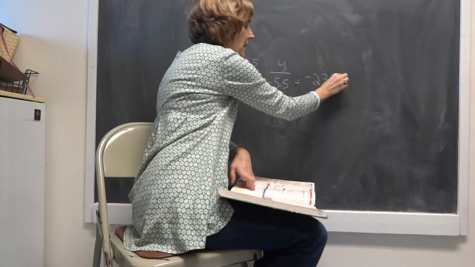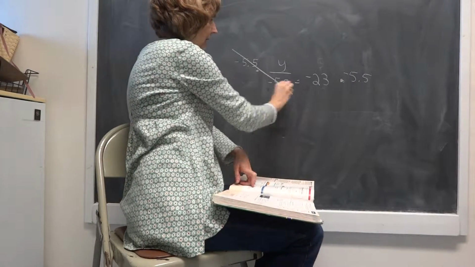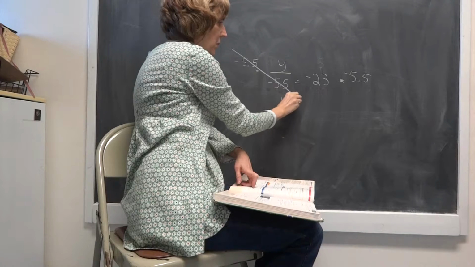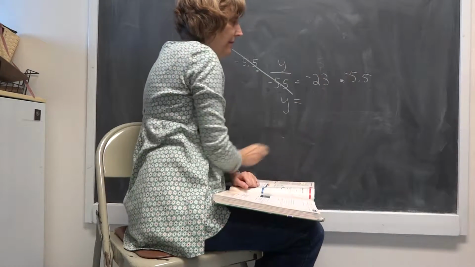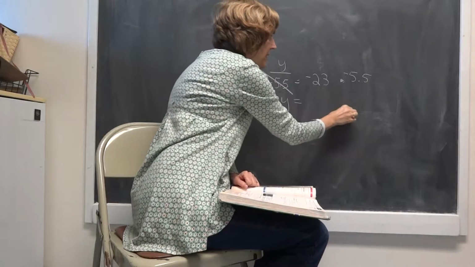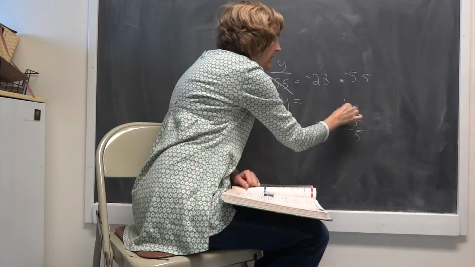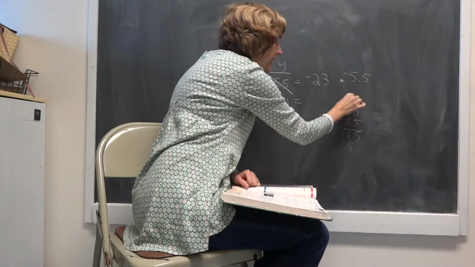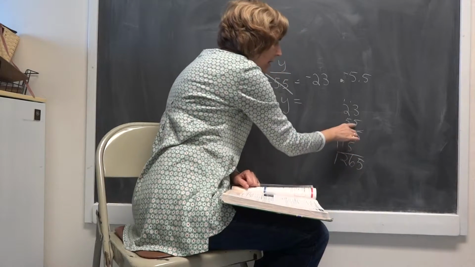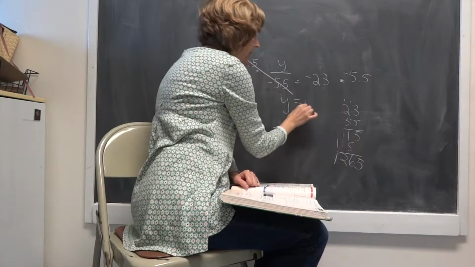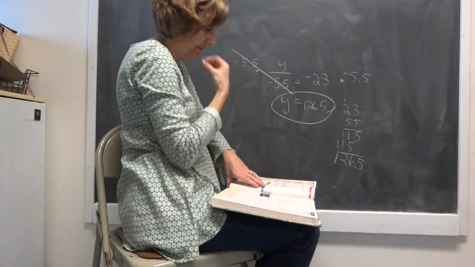Do it to both sides. All right, we can cancel that out. We're left with y, and the answer is going to be positive because negative times a negative is a positive. But what is 23 times 5.5? It's going to be 126.5 is the answer.